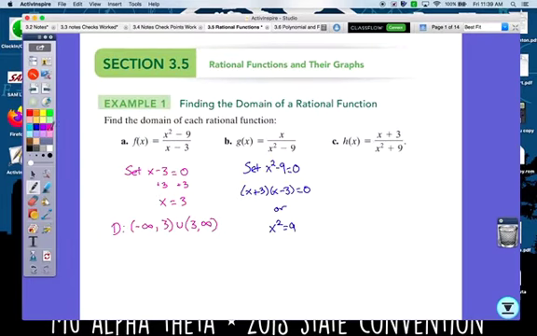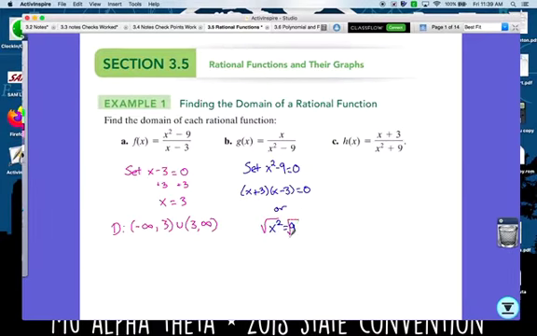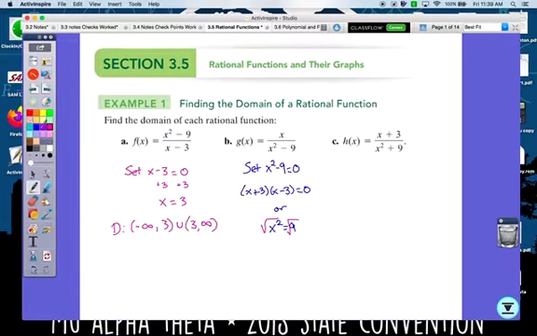Either way, if you work it out correctly, with the factored form you could subtract the 3 on the first and add the 3 on the second. If you brought the 9 over, you would take the square root of it. Either way, you get x is equal to either positive or negative 3.